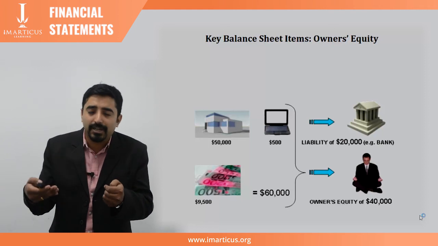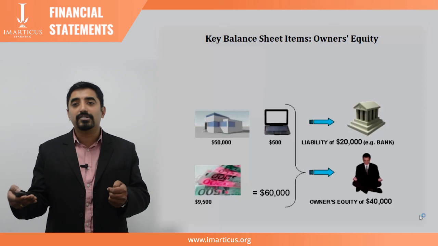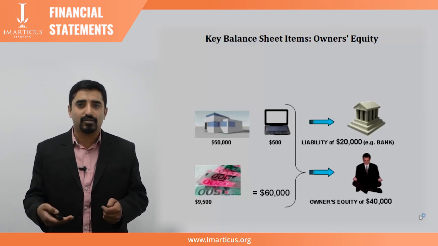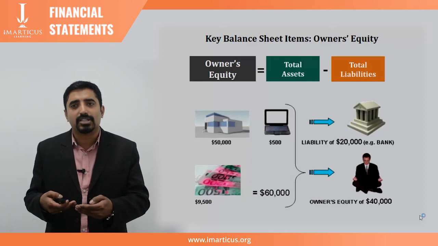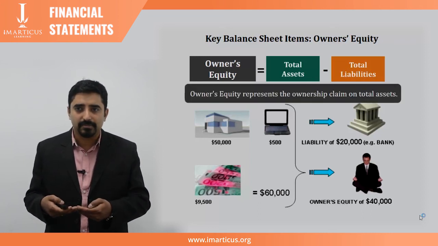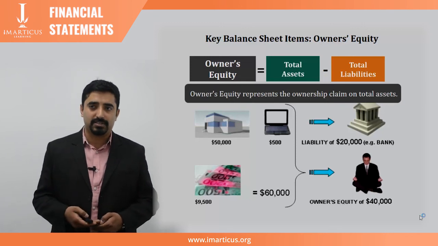However, there are some liabilities attached to these assets which is 20,000, which means the owner's equity is 40,000. Thus, owner's equity is total assets minus total liabilities. It represents the ownership claim on the total assets.